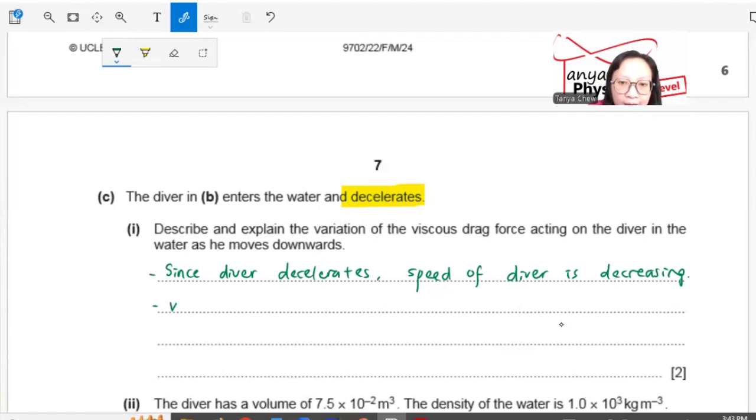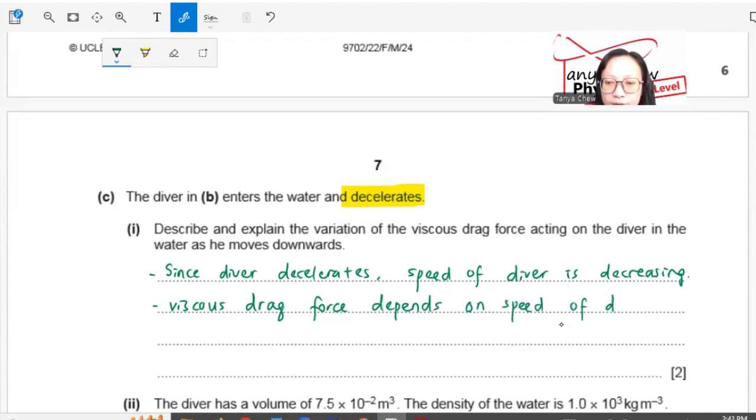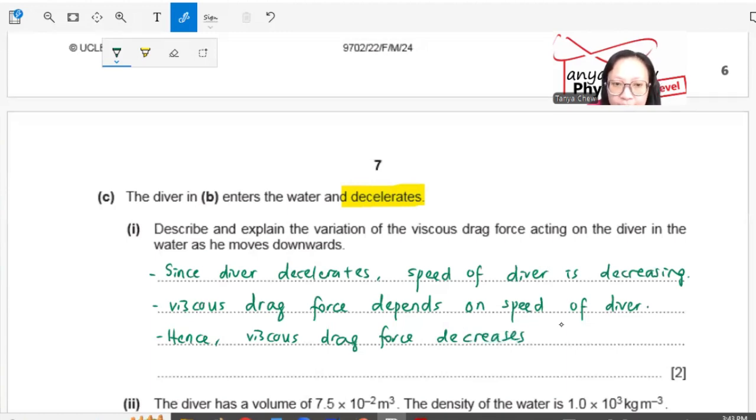I would say that viscous drag force depends, just like resistance, on the speed of the diver. Hence, the viscous drag force acting on the diver decreases. That's the answer.